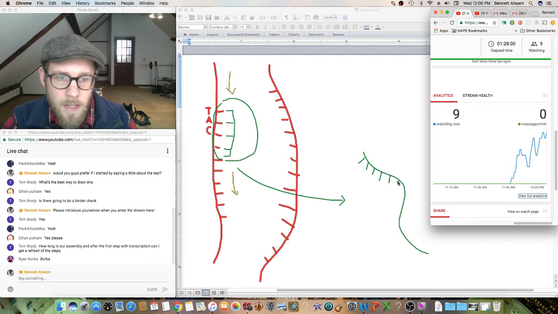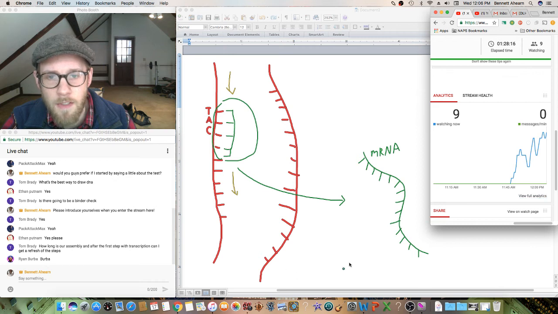So remember, the M stands for messenger RNA because this is a coded message, right? This here is a message for how to make a protein. Our mRNA strand right here. All right? So right now this is all in the nucleus. We've zoomed into that nucleus right here.